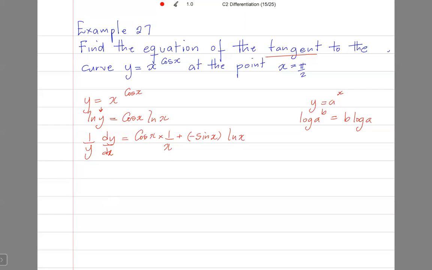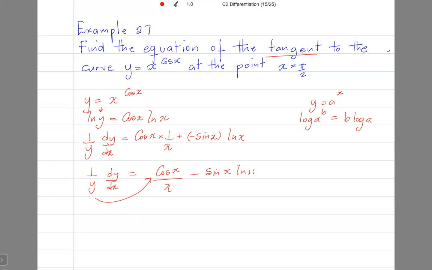So 1 over y dy by dx would be equal to cos x over x minus sine x ln x. I'm going to bring the y to here, or if I want, I could say I multiply both sides by y.